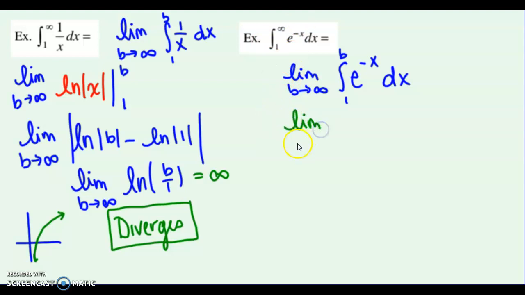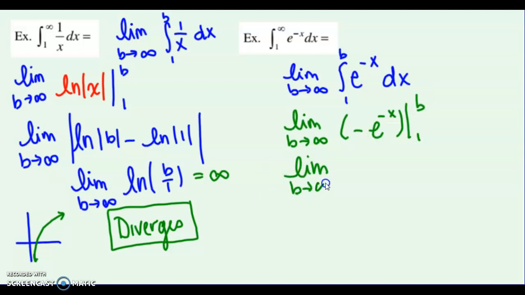We're going to take the antiderivative of e to the negative x, which of course would be the opposite of e to the negative x, chain rule, evaluated from 1 to b. We're going to put our definite integral boundaries in. The opposite of e to the negative b minus the opposite of e to the negative 1.